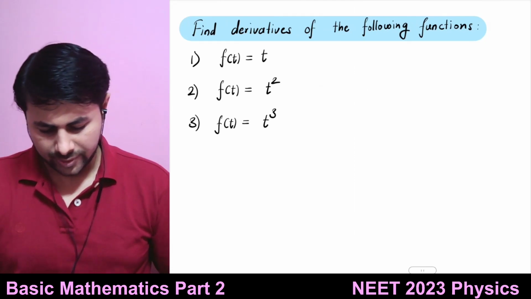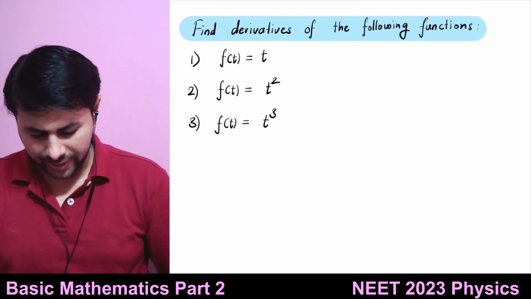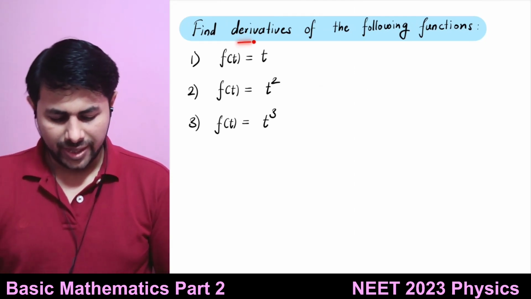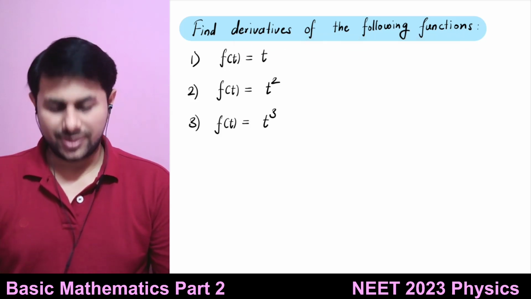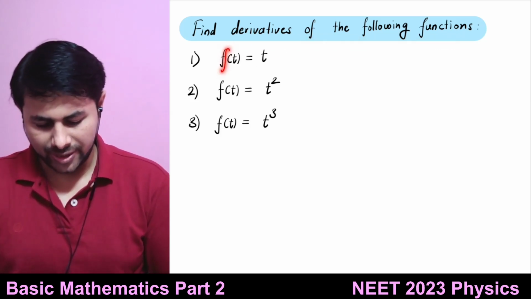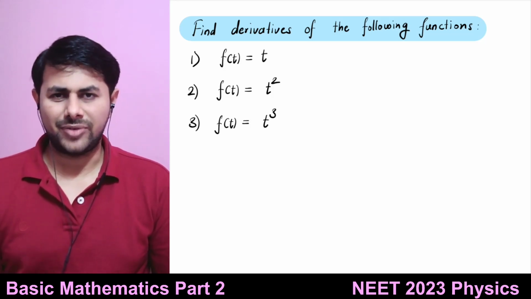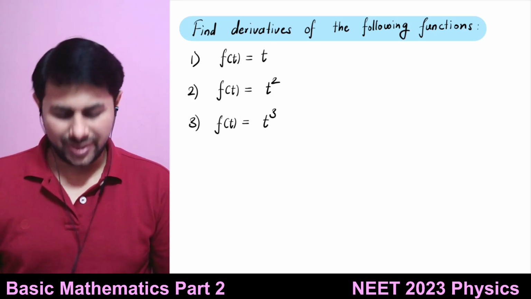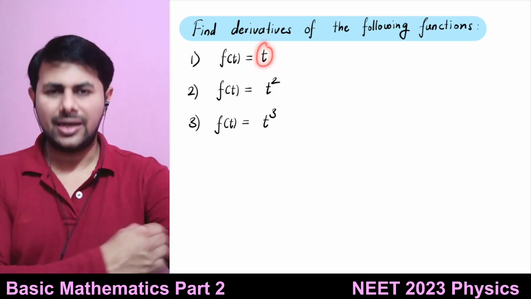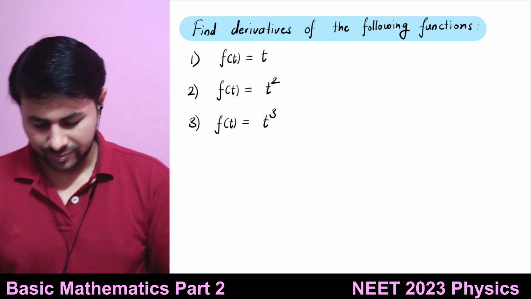Okay, so the examples are: find derivatives of the following functions. First, f of t is equal to t, or x is equal to t. Let's say position x is equal to f of t, which is t, and I want to find its derivative.